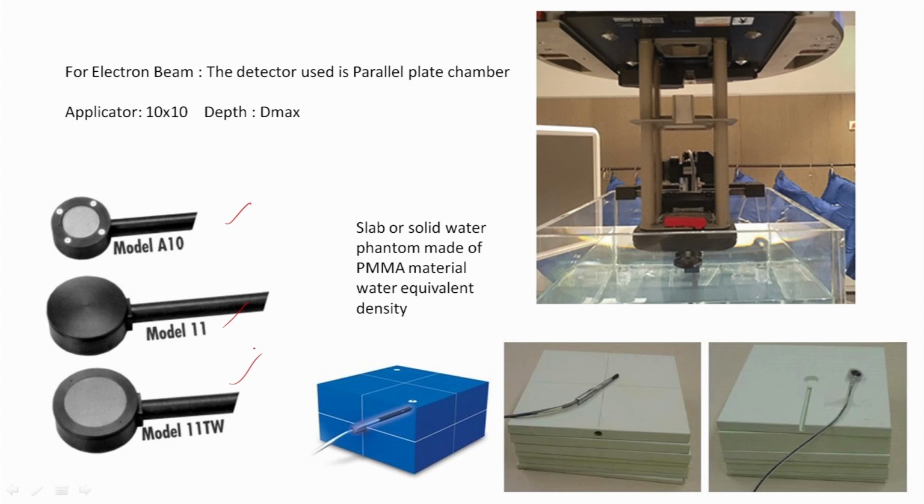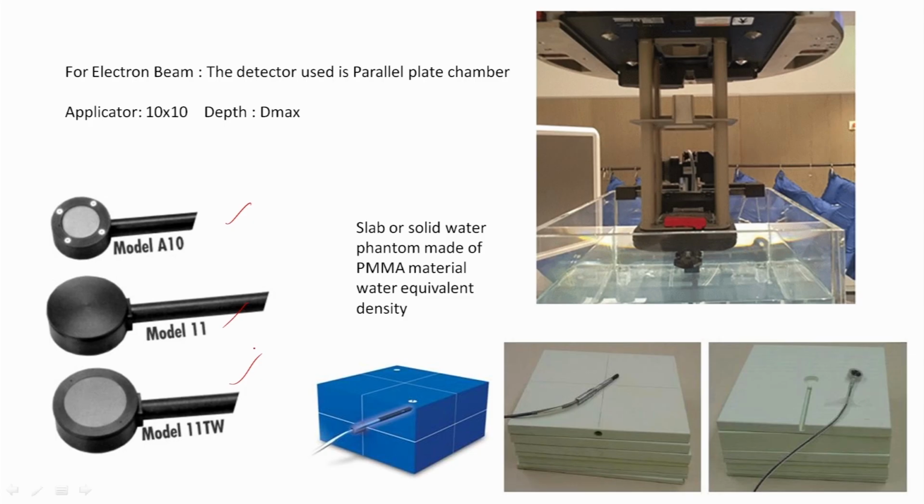You can see in the picture different kinds of parallel plate chambers. Because the electron beam is delivered with predefined field sizes, which we call applicators, and according to the vendor there are different applicators defined, but both vendors have a common applicator, that is the 10 by 10 field size applicator.